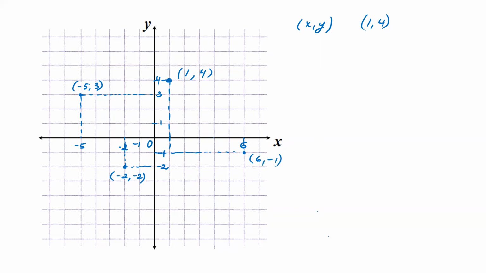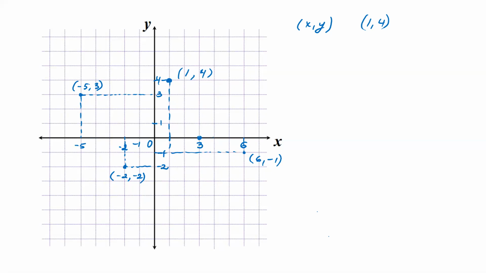What if I take a point on the x-axis? Let's see what happens then. Well, I don't need to draw any vertical line because the point is already on the x-axis, and I see that on the x-axis it's at the point with number 3.